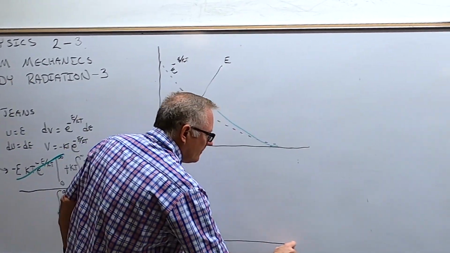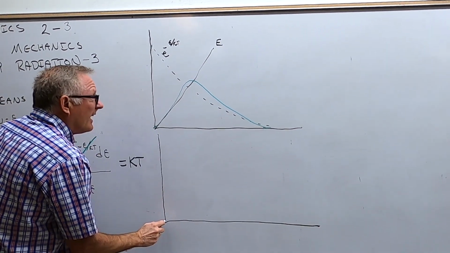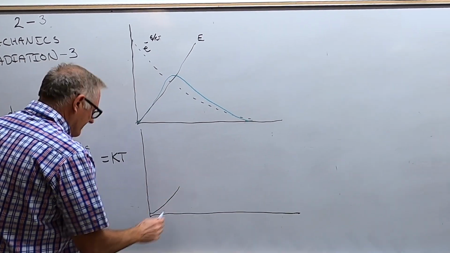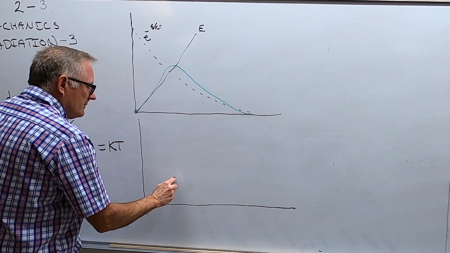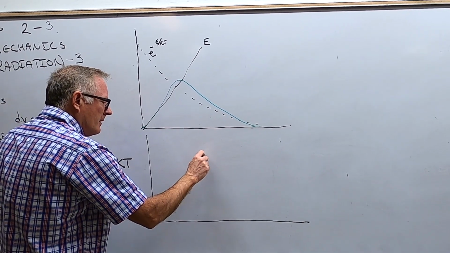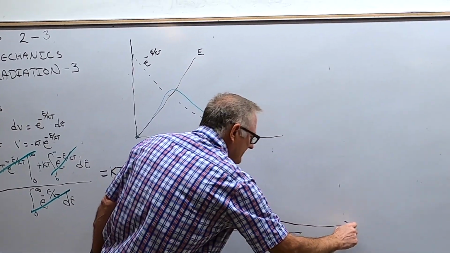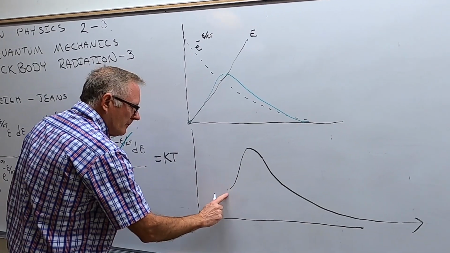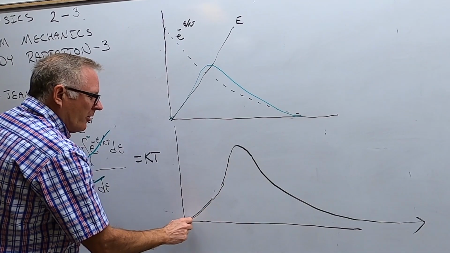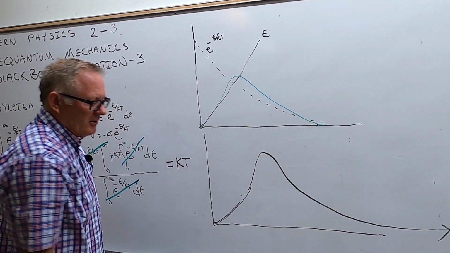So I'm just going to draw that curve. We'll just draw it up and then bring it down like this. Okay, so it's going to grow up, get bigger and then back smaller again.